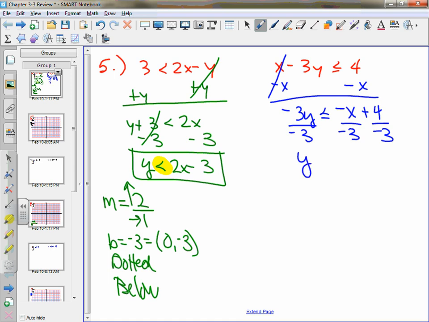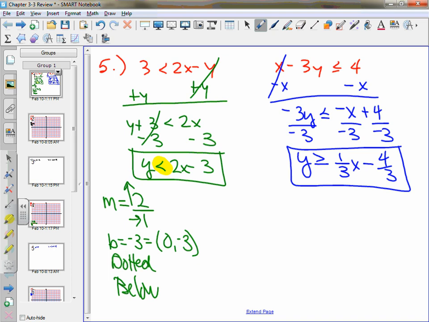If I divide each and every term by negative 3, then the slope and the y-intercept fall out in simplified form. So when you divide by a negative, what happens to the inequality symbol? You flip it, so that becomes greater than or equal to positive 1/3 x minus 4/3. Box it in. And what do I get out of this equation?